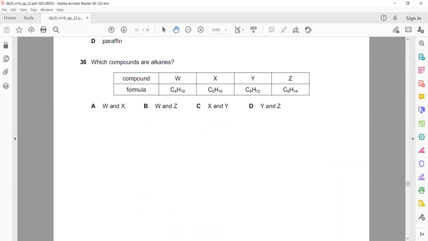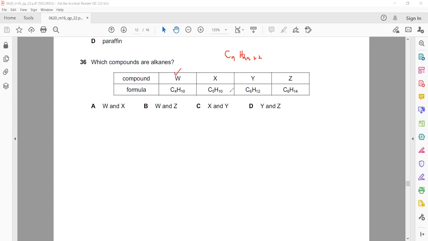Question 36. Which compounds are alkanes? The general formula of alkane is CnH2n+2. C4H10: 4 multiplied by 2 is 8, plus 2 is 10.